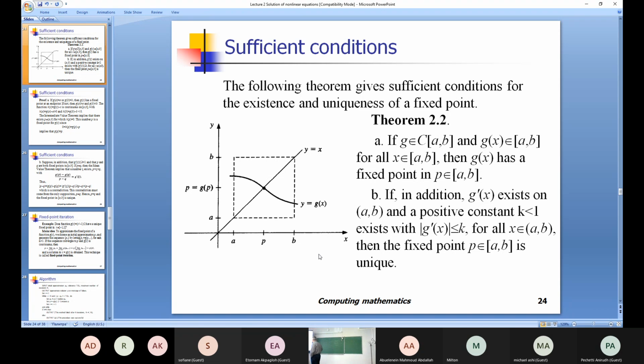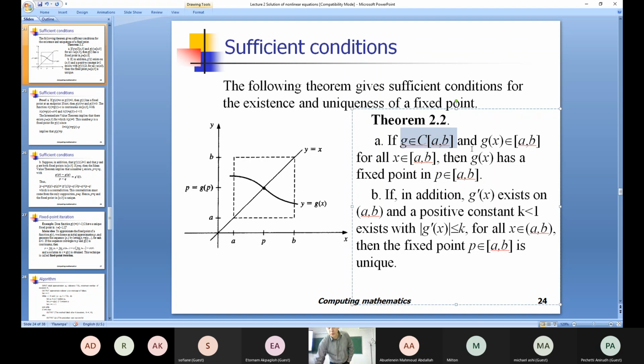Well, statement number A of this theorem. Suppose that the function g belongs to the class of continuous functions. This notation g is in C of [a, b] means that the function g is continuous. What is the meaning of continuous function? We discussed it in the first lesson. So suppose that the function g is continuous.